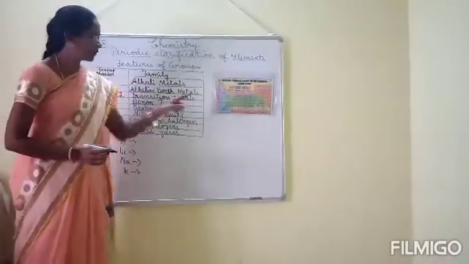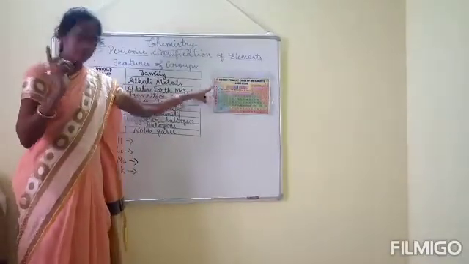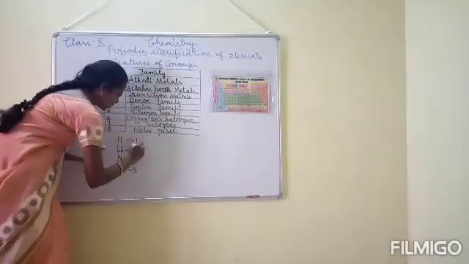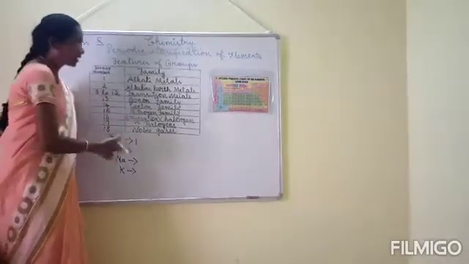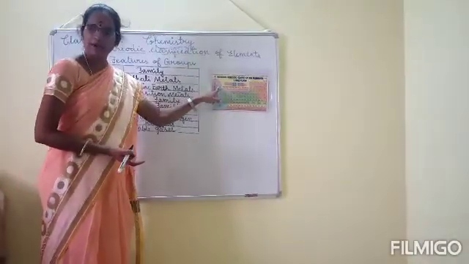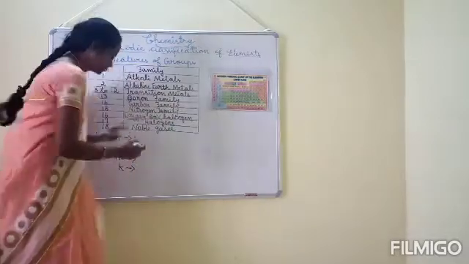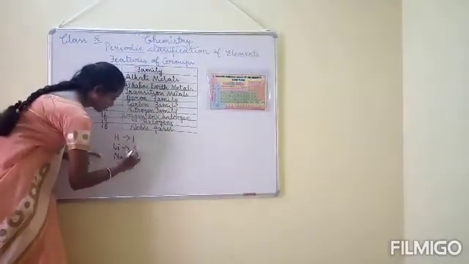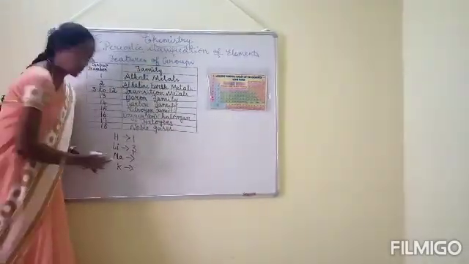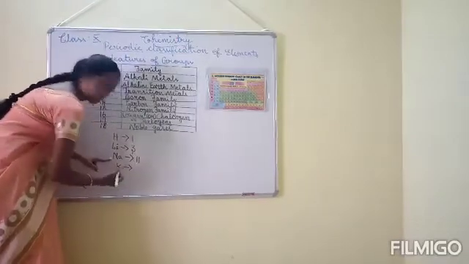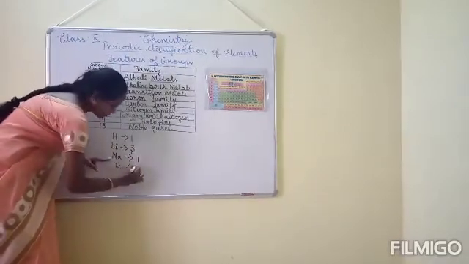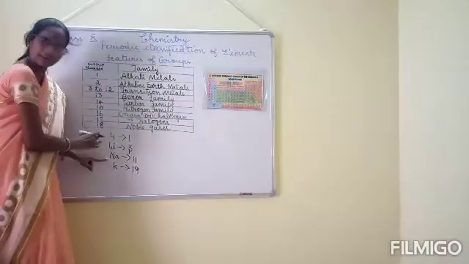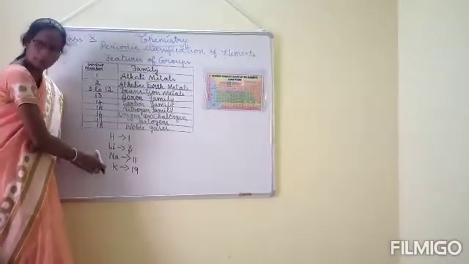What is the atomic number of hydrogen? 1. Lithium's atomic number is 3. Sodium is 11, and potassium is 19.